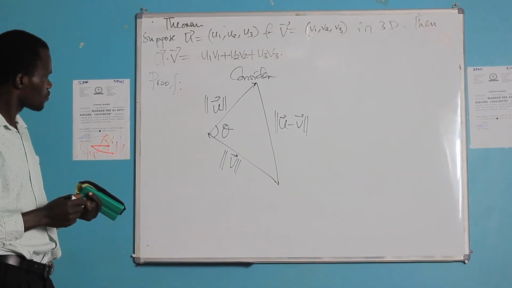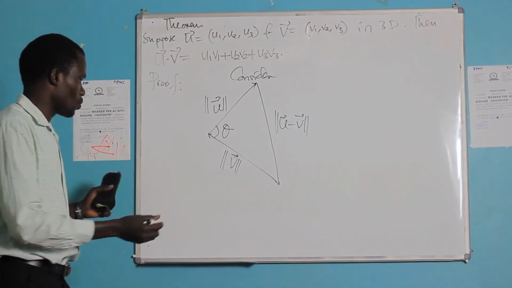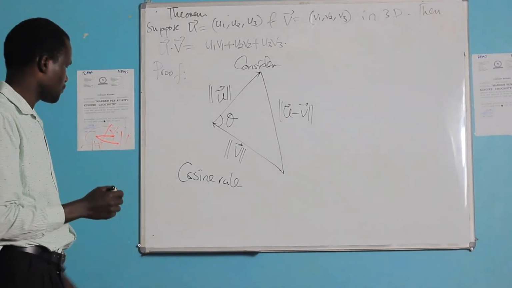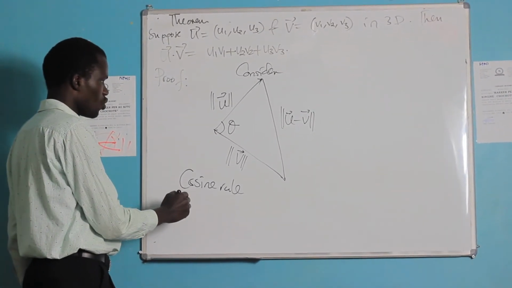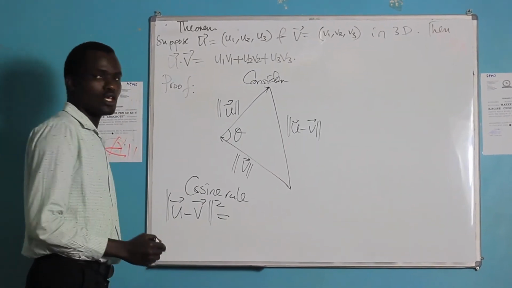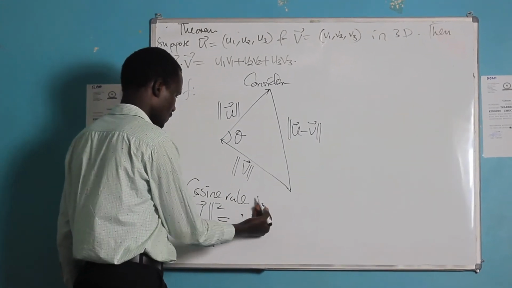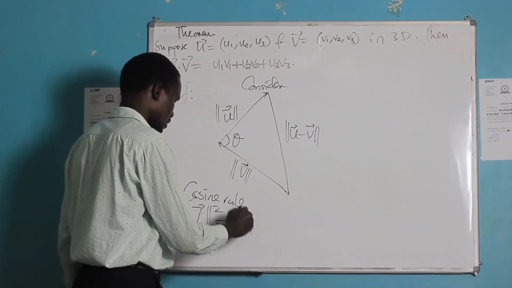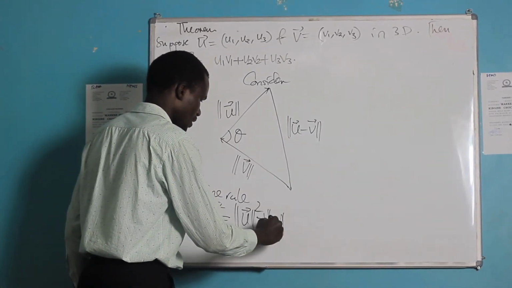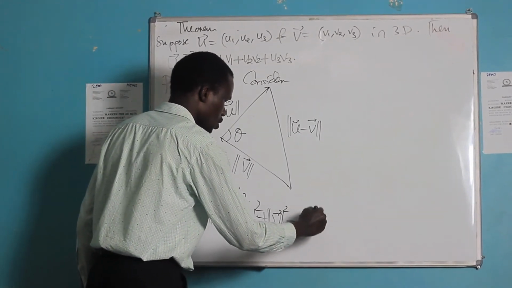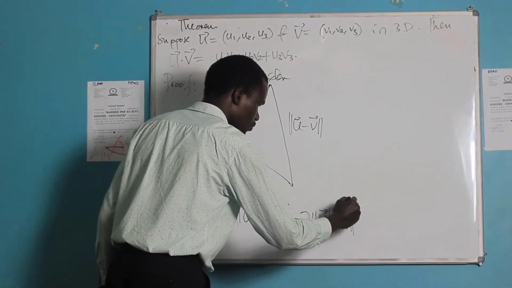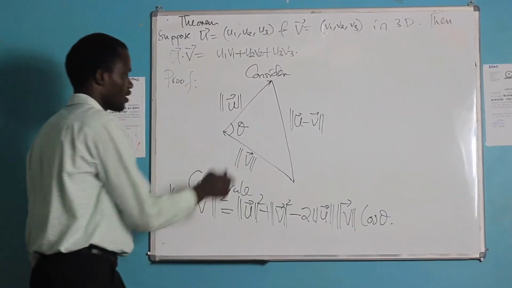So from the cosine rule of trigonometric ratio, the norm of vector u minus vector v, squared, equals the norm of vector u squared plus the norm of vector v squared minus 2 times the norm of vector u times the norm of vector v times cos of theta, this angle.